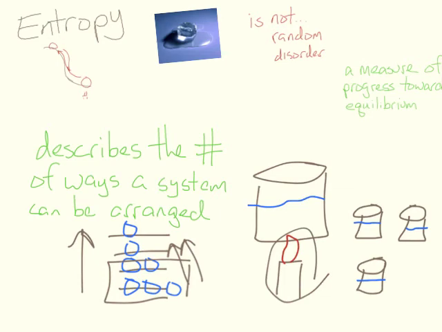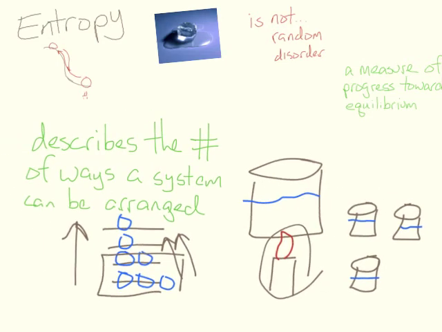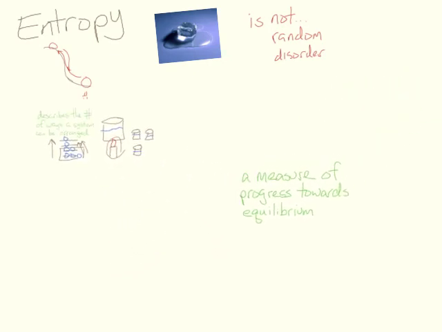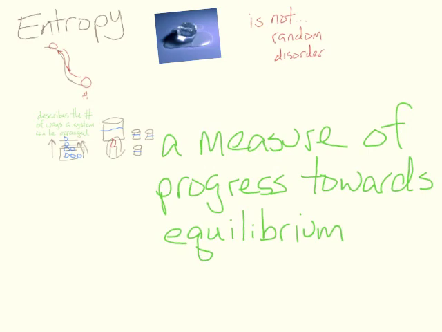Another way to think about entropy comes back to this idea of equilibrium that you talked a lot about in sophomore year. As a system progresses towards equilibrium, what that system is doing is changing its arrangement.